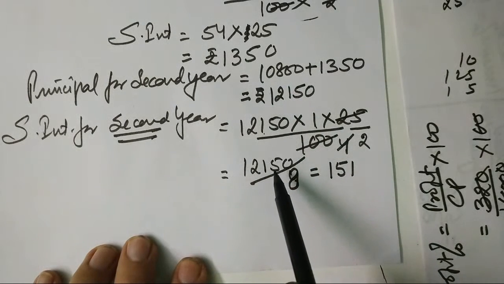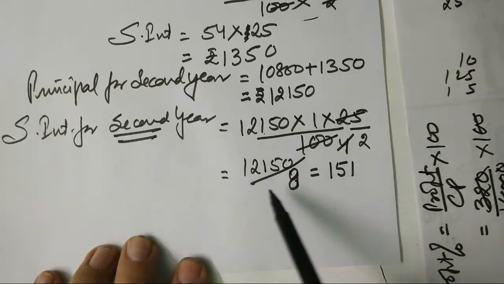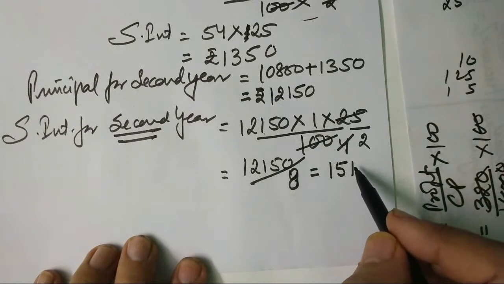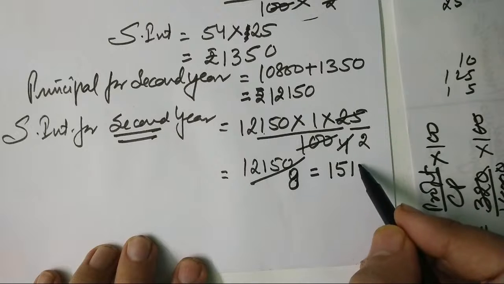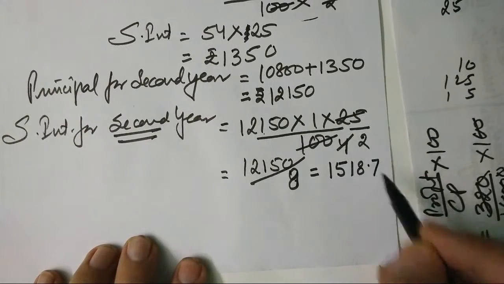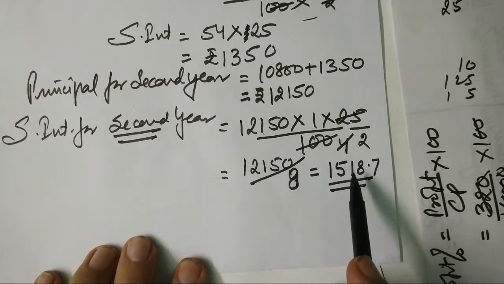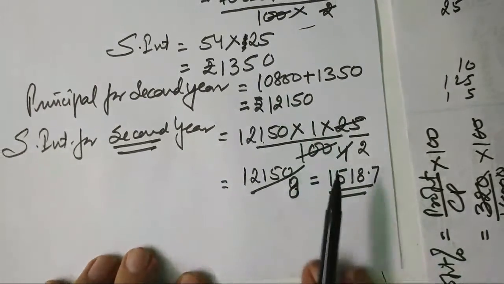Now the interest should come more because the principal is more. So when I divide, it comes 8, 7. Now it will come in decimal, and roughly 1518.7. So this interest is coming more than 1350.